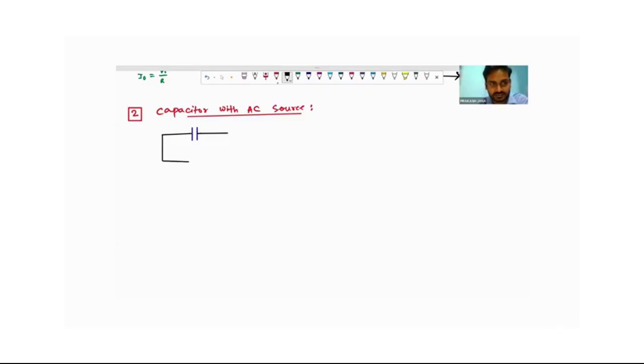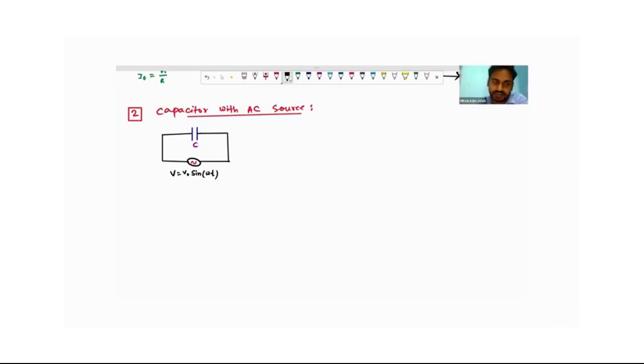This is the AC source, and we will represent it using this sinusoidal symbol. Let's say the capacitance of this capacitor be C, and the power supply is V equals V naught sine omega t.